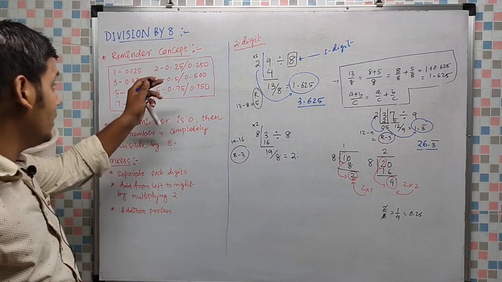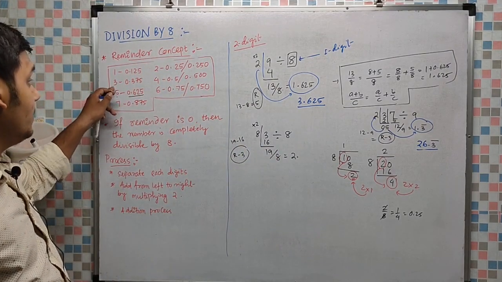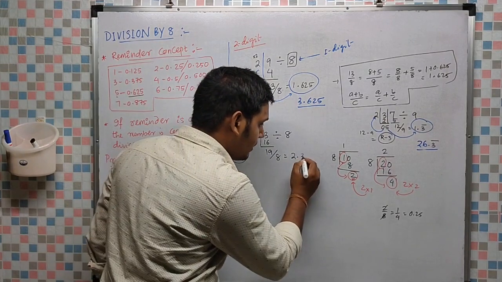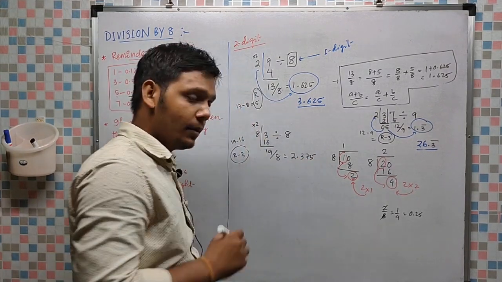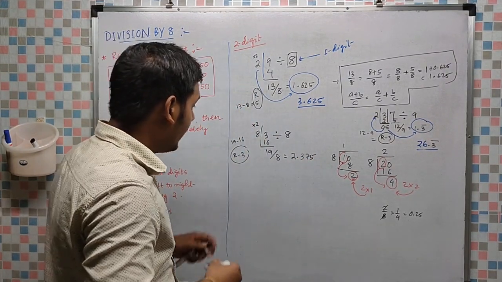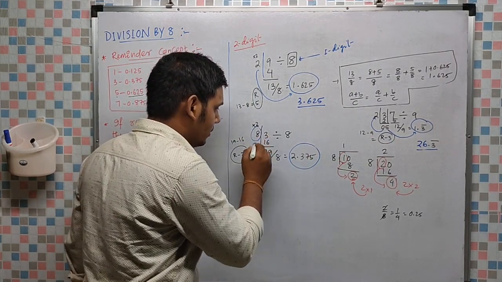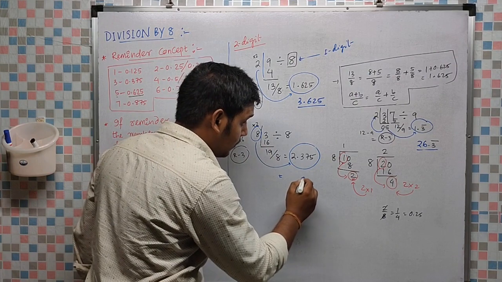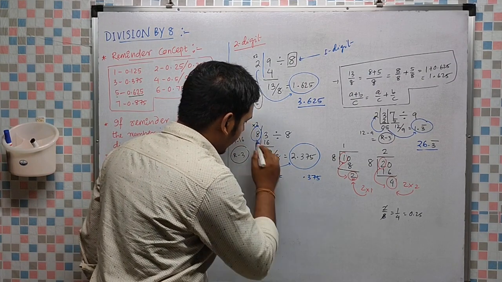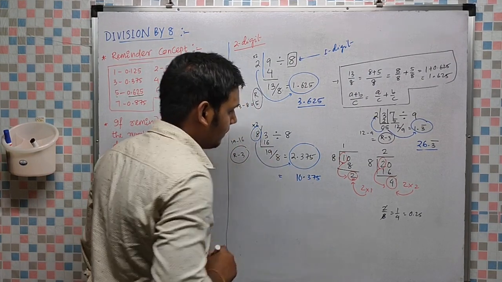If the remainder is 3, then what value do I have to take? 3 means 0.375. 0.375 I write here. Now what I have to do? I have to add these values. This is the final result, and this value I have to add. That means 8 plus 2, that is 10.